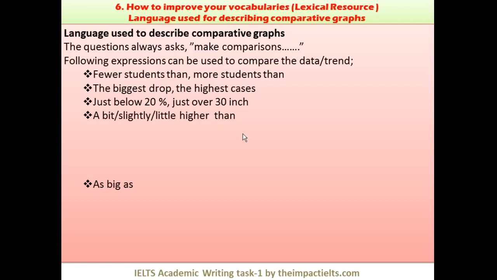If the difference is small, rather than simply saying it is higher, for example, when comparing the price of cars in India, Wagoner and Centro, you'll say the price of Centro is a bit higher than Wagoner. Because the difference is so little, if you say simply higher, it may not give the idea of how much the difference is. So that is an important advanced term you can use for comparison.